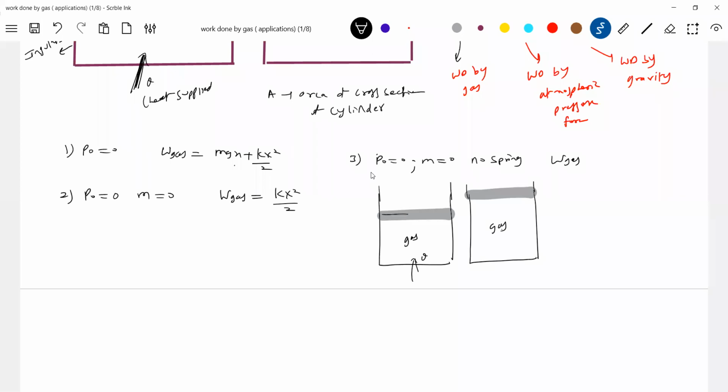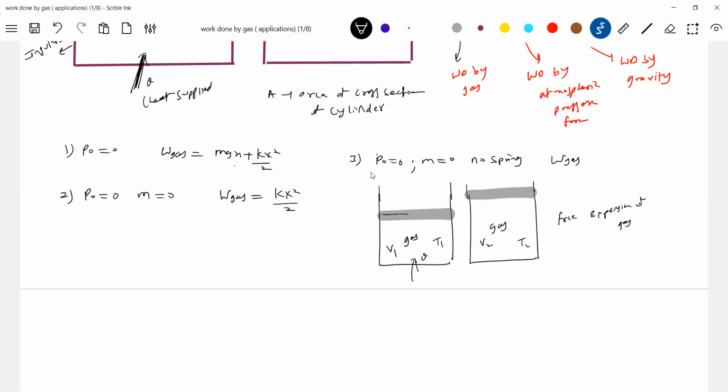So when work done by gas will be non-zero, there should be some agent who should accept it. If there is no agent, then it will become free expansion. So volume V1 to V2, it has absorbed heat, free expansion of gas, because nobody is there.